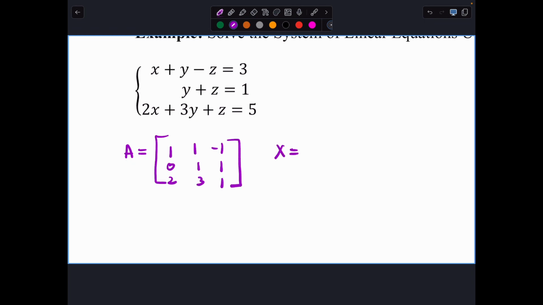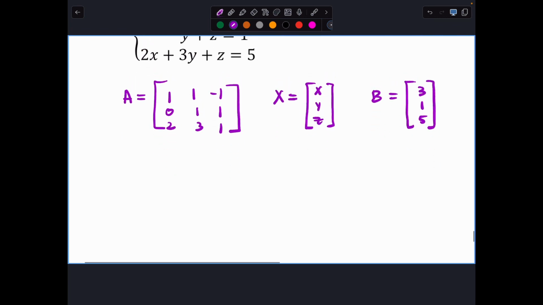X is the variable column matrix. And B is also a column matrix.